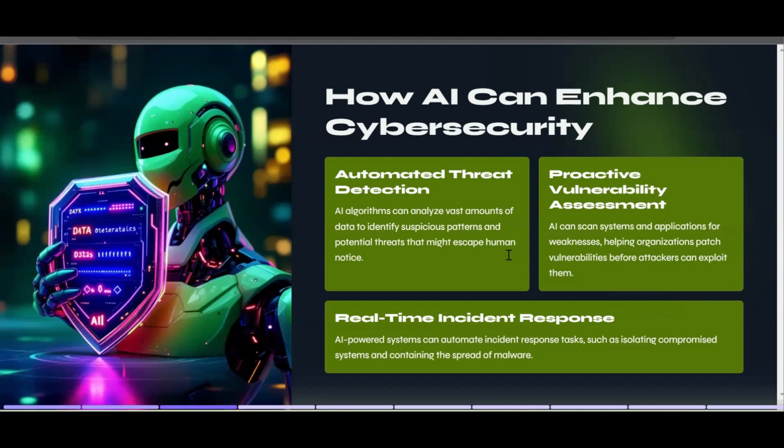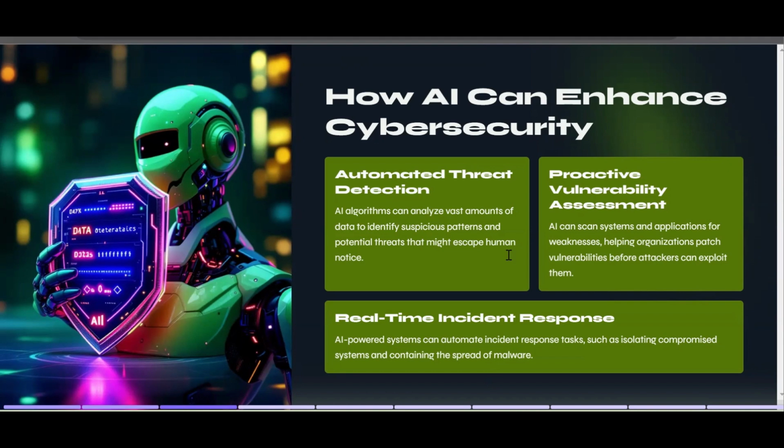And to analyze that huge amount of data is difficult. So these are the constraints basically. But we have AI algorithms which can analyze vast amounts of data to identify suspicious patterns and potential threats that might escape human notice. So automated threat detection is the first thing AI can bring in to enhance cybersecurity.